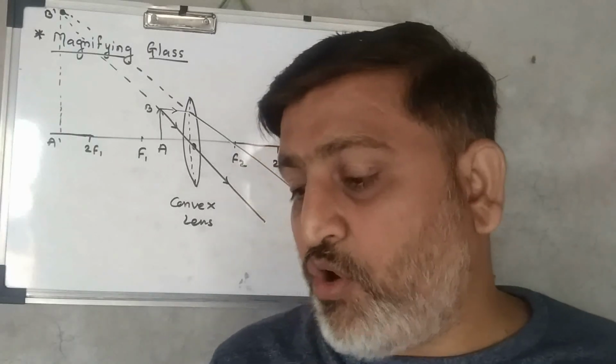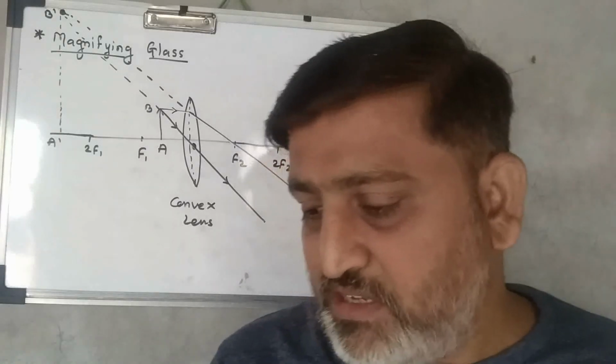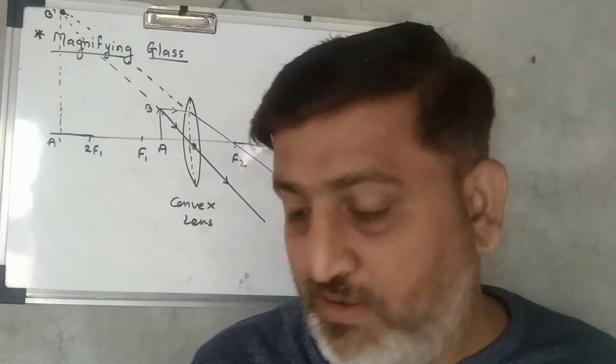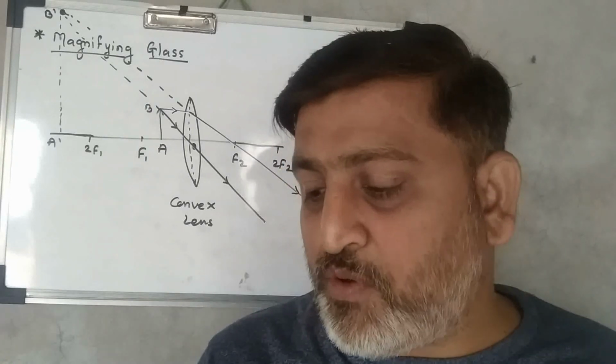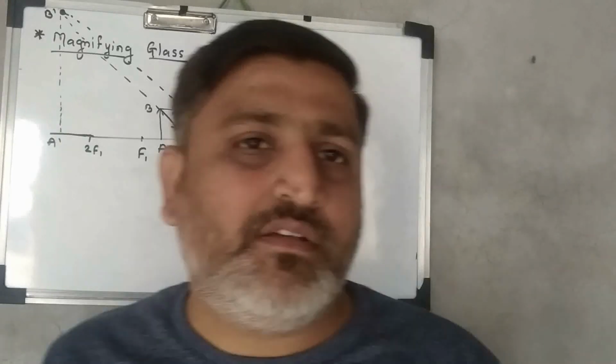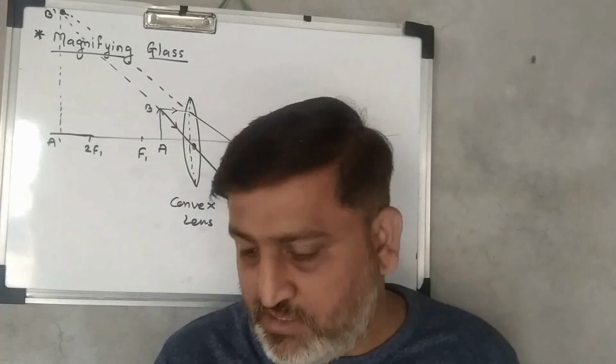Next is the collimator of the spectrometer that we studied in the convex lens case 6, in which I told you a lot of applications. A convex lens is used for obtaining a parallel beam of light in the spectrometer, where the collimator is used, right?